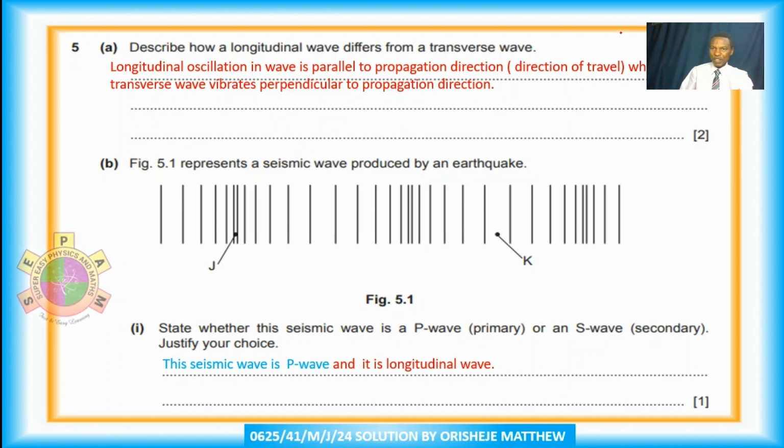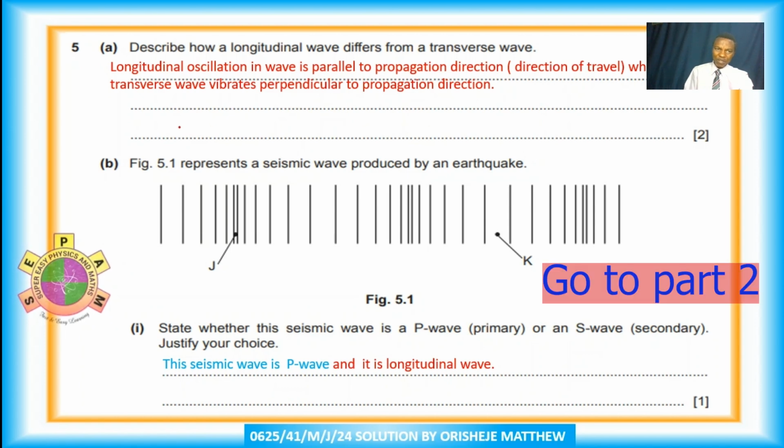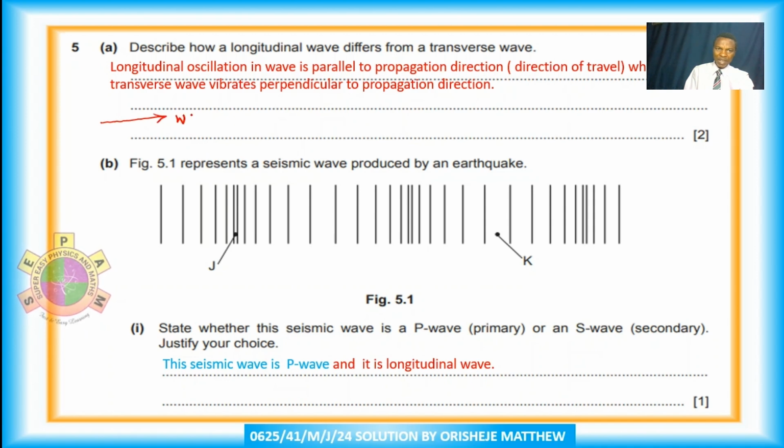If the wave is traveling from the bottom to the top, then the particles will oscillate up and down. So the direction is always parallel to the direction of propagation of the wave. But for a transverse wave, the direction is perpendicular. So this is the wave direction, then the particles of the medium will vibrate perpendicularly.